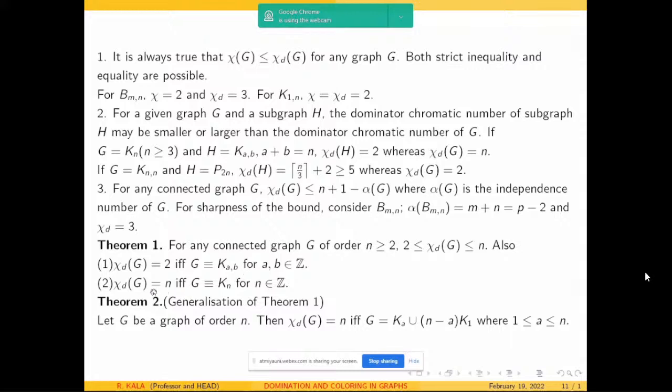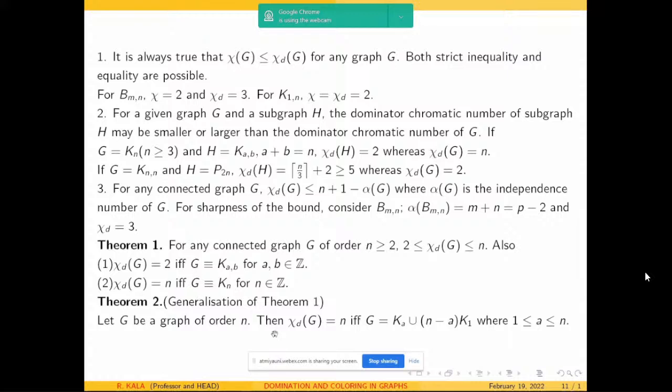Coming to the characterization for chi d equal to n, I want to say that it is K n. Suppose two vertices x and y are non-adjacent. I can color x and y using the same color, so I will have one color class containing 2 vertices, and chi d equal to n is contradicted. So no 2 vertices can be non-adjacent, and your graph should be K n.